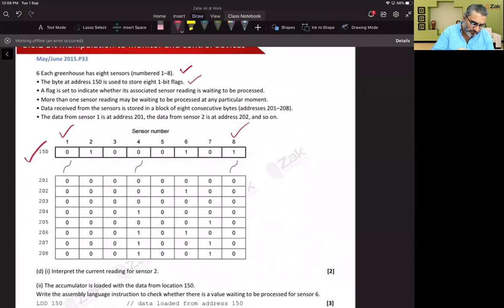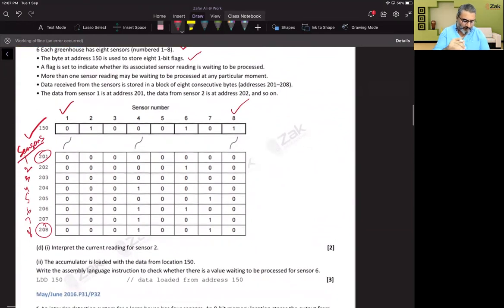A flag is set to indicate whether its associated sensor reading is waiting to be processed. More than one sensor reading may be waiting to be processed at any particular moment. Data received from the sensors is stored in a block of 8 consecutive bytes, 201 to 208. The data from sensor 1 is at address 201. So these are sensors 1, 2, 3, 4, 5, 6, 7, 8.